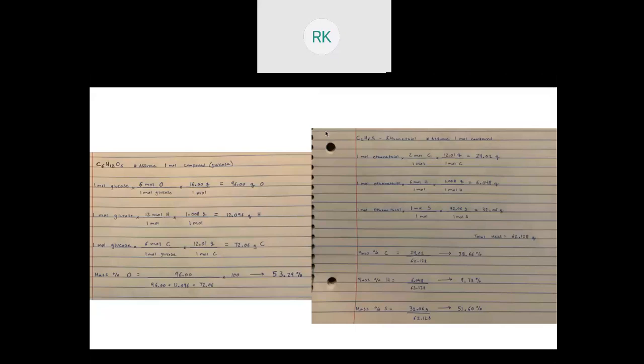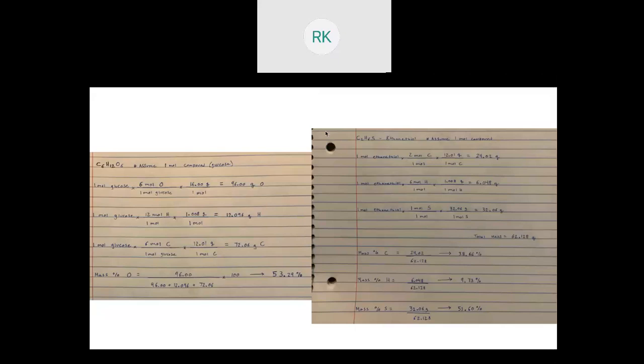For the mass percent of each of these atoms, we take the mass they contributed. For carbon, that's 24.02 grams, and we divide that by the total mass, 62 grams, and multiply by 100 to turn it into a percentage. What you'll find is ethane thiol is about 38.66% carbon, 9.73% hydrogen, and a little bit over 51% sulfur.